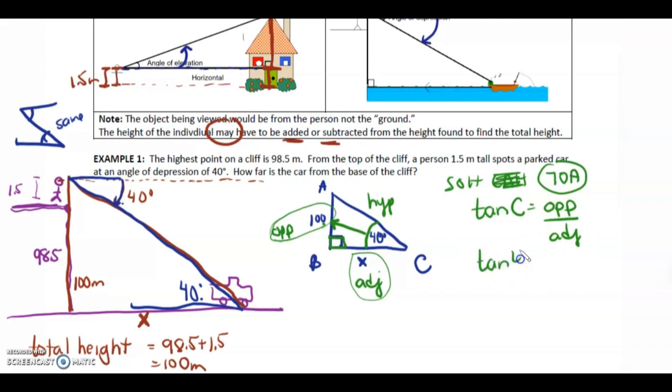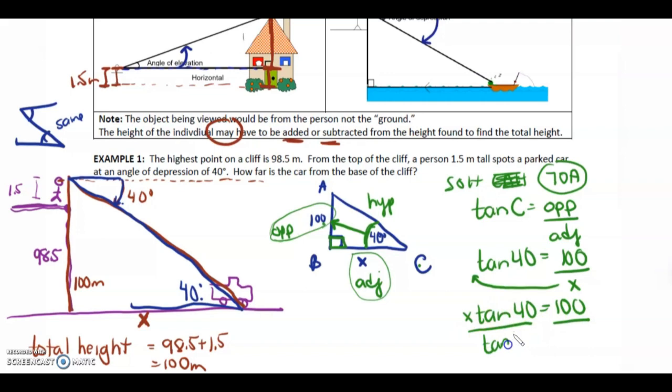So our tan of 40, right, so we can sub 40 right in for the angle, is going to be 100 over x. We can cross multiply this x up. X tan 40 equals 100. And then to get the x by itself, we're going to divide both sides by tan 40.